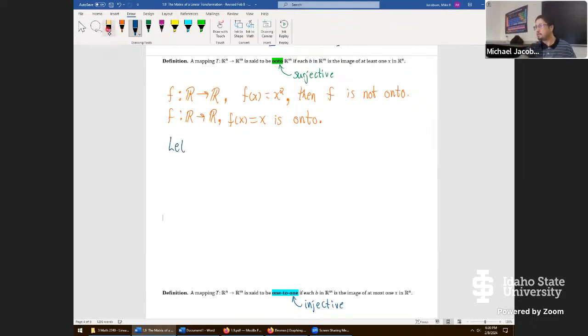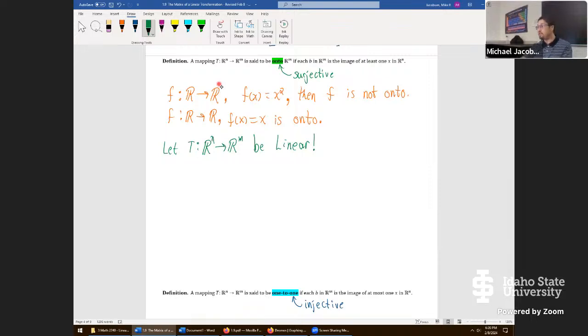Let's go with green for onto. Let T map Rn into Rm. So we bumped up the domain and codomain to honest vector spaces instead of the real line. And we're going to let it be linear.